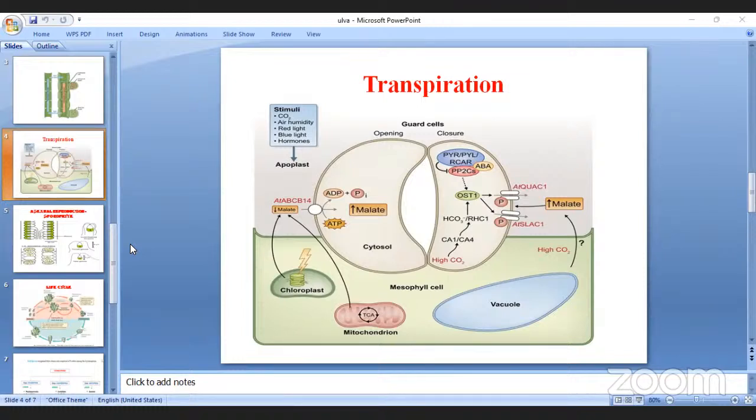In this, focus on nitrogen availability. First point, how nitrogen is available to the plant. Second, how nitrogen is utilized in the plant body.